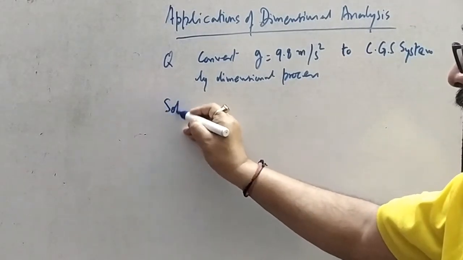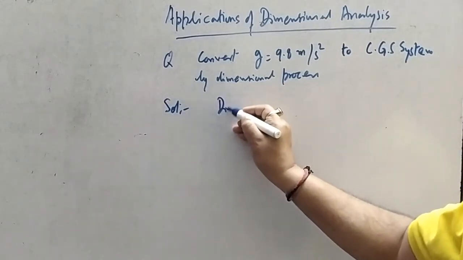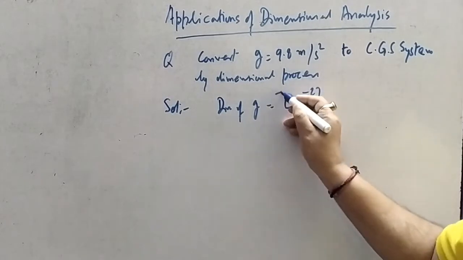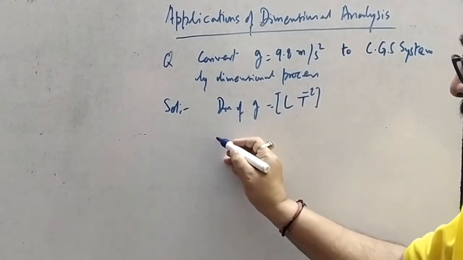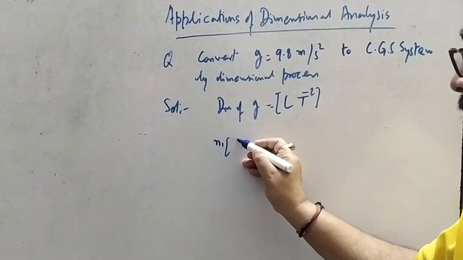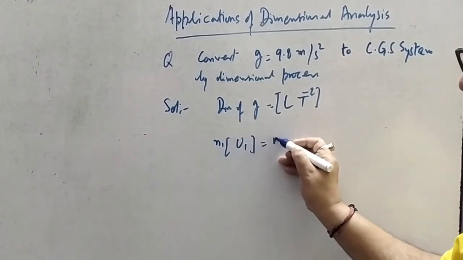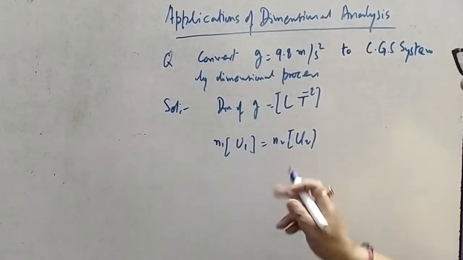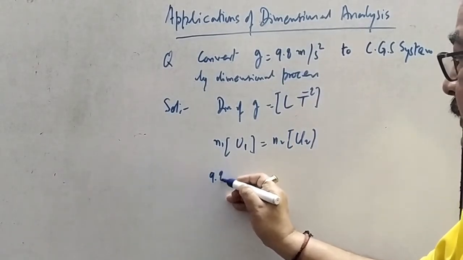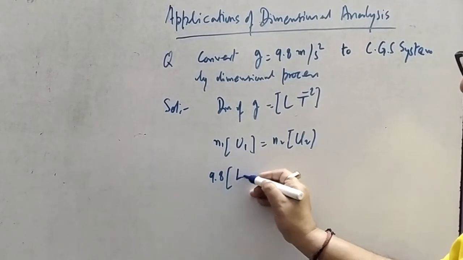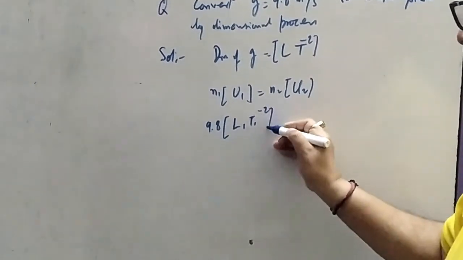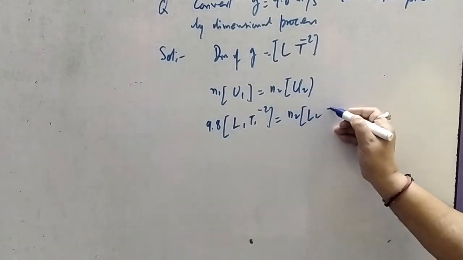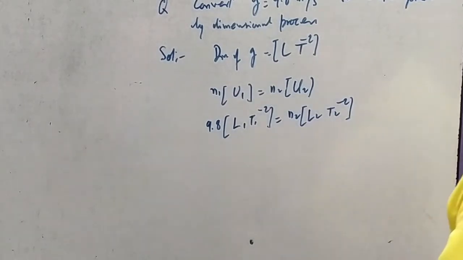First we write the solution. First we write the dimension of g, LT minus 2. Then according to that formula, N1 U1 equal to N2 U2. N1 is 9.8, U1 is L1 T1 minus 2, and N2 we don't know, we have to find, L2 T2 minus 2, like this.